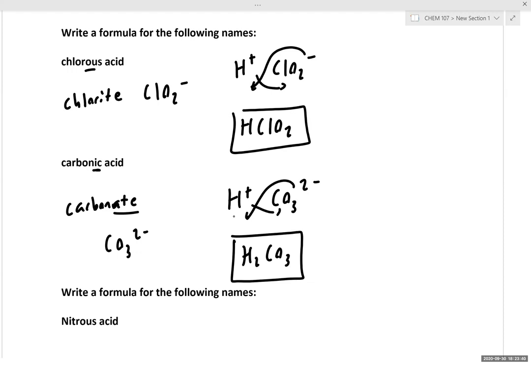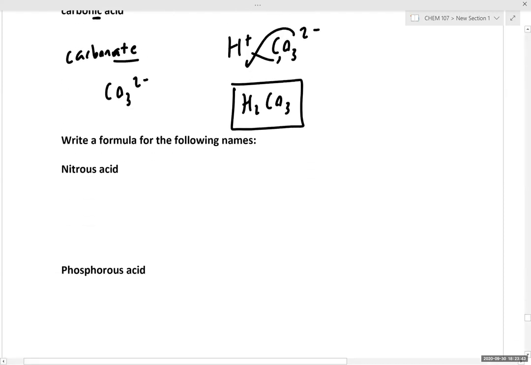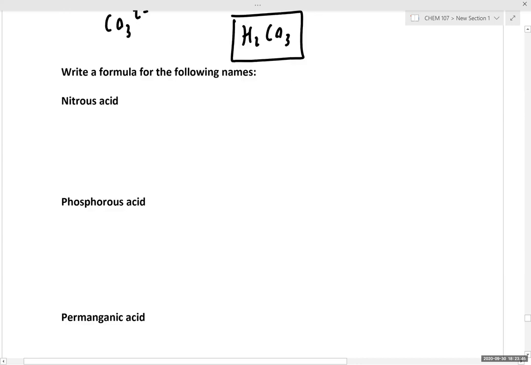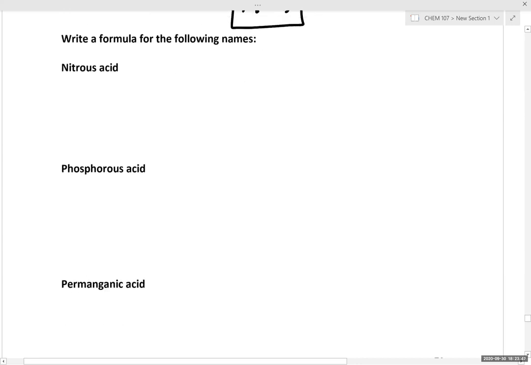Okay, let's try to apply what we've learned. I'd like you to write the formulas for the following three names. Let's spend about 3 to 4 minutes on these examples.